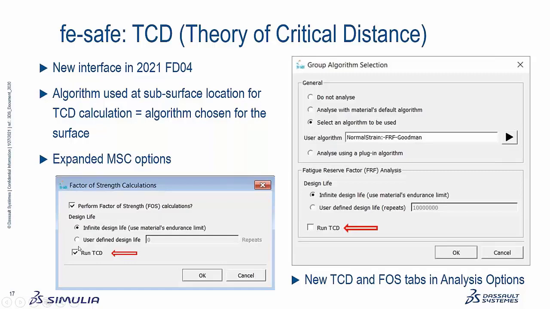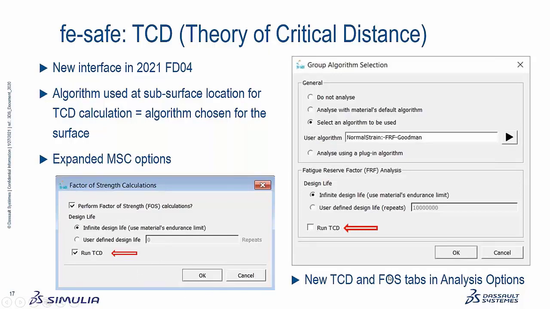Okay. If you are going to do lower cycle, non-infinite life, finite life calculations with TCD, it's probably wise to check with us before you do that, okay? Because it's definitely advanced capabilities, but we actually do have a couple of customers who've asked for it.